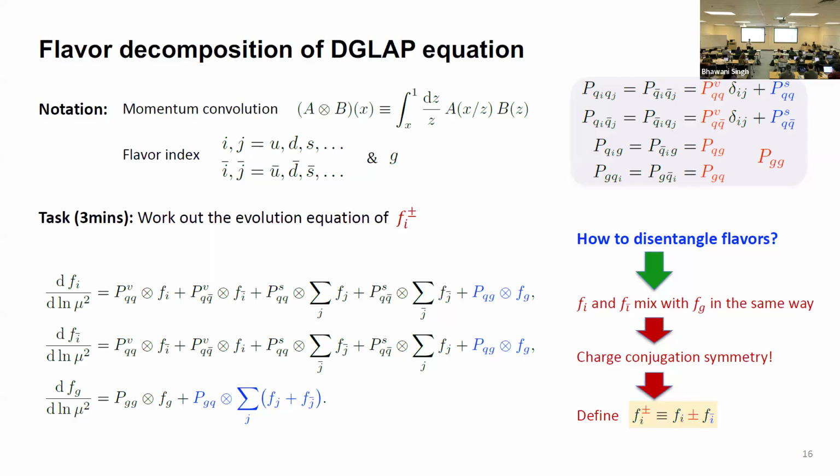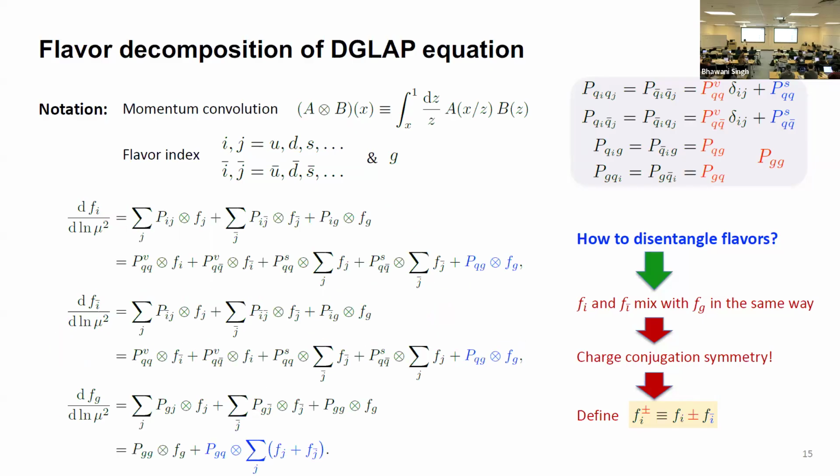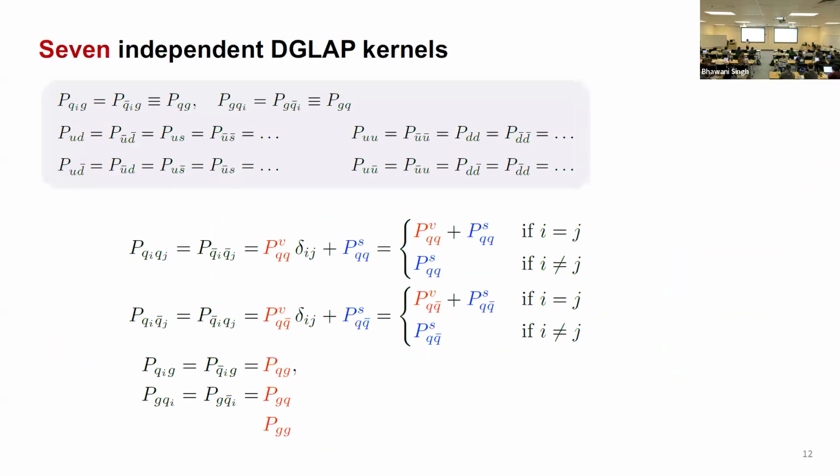Yes? I have a question regarding the word kernel. This is something that usually appears in this topic. Would kernel be whatever goes by the side of the PDF in the DGLAP equation, or is there a more rigorous definition? It's just a term, right?